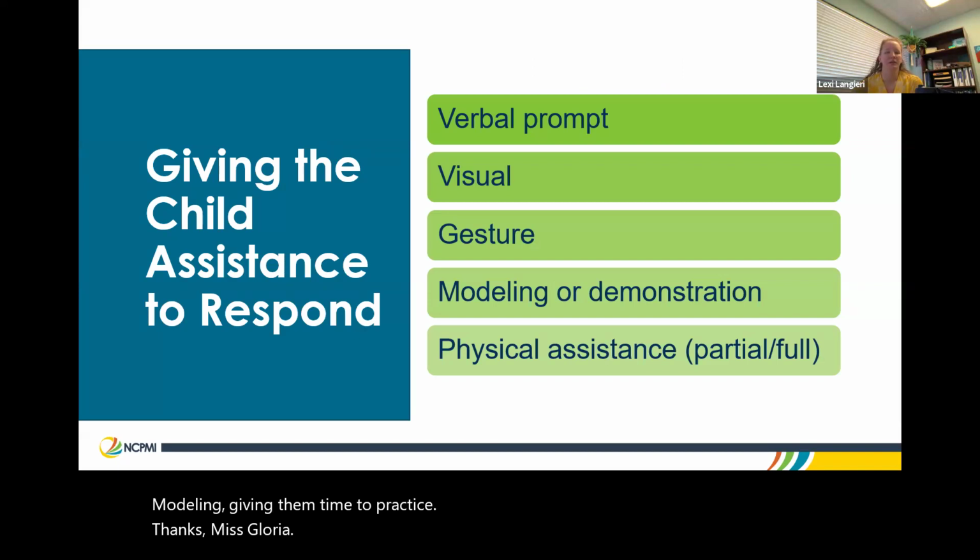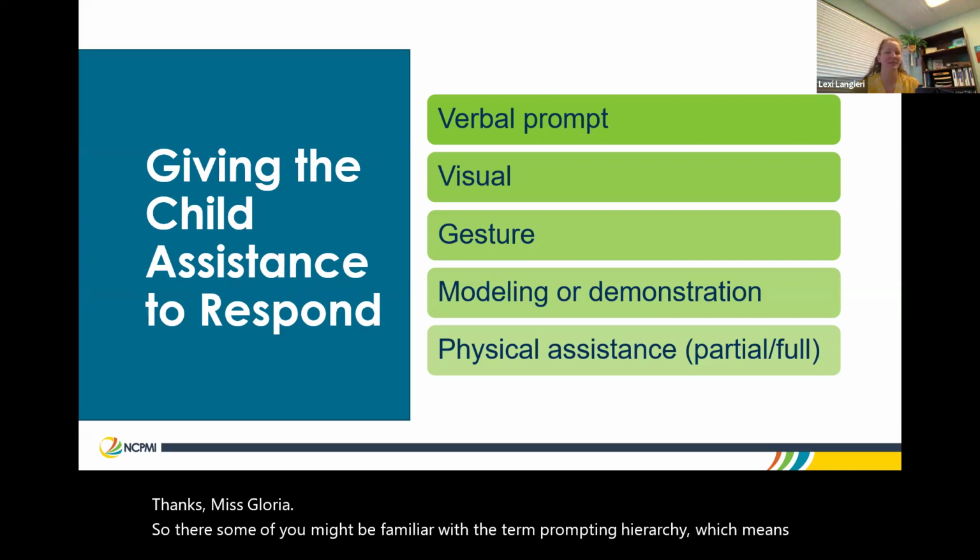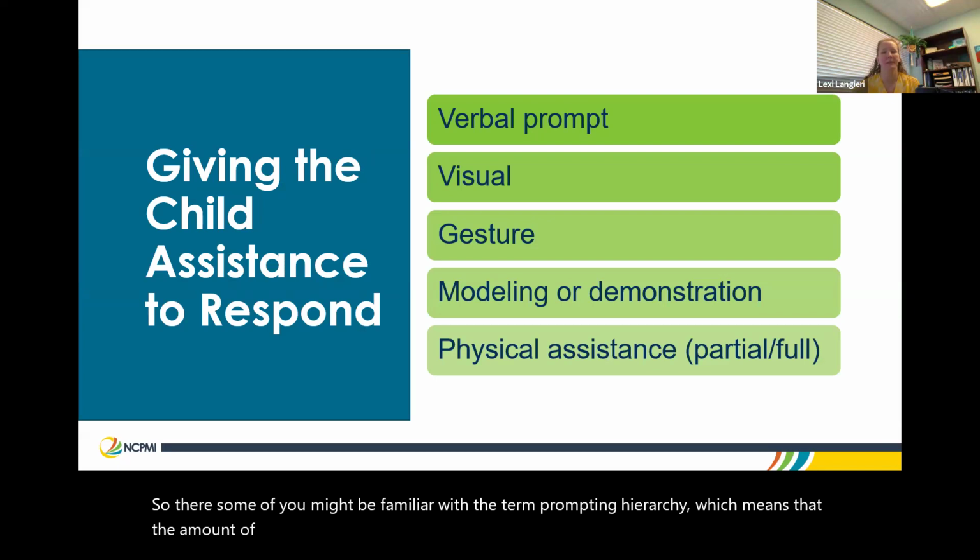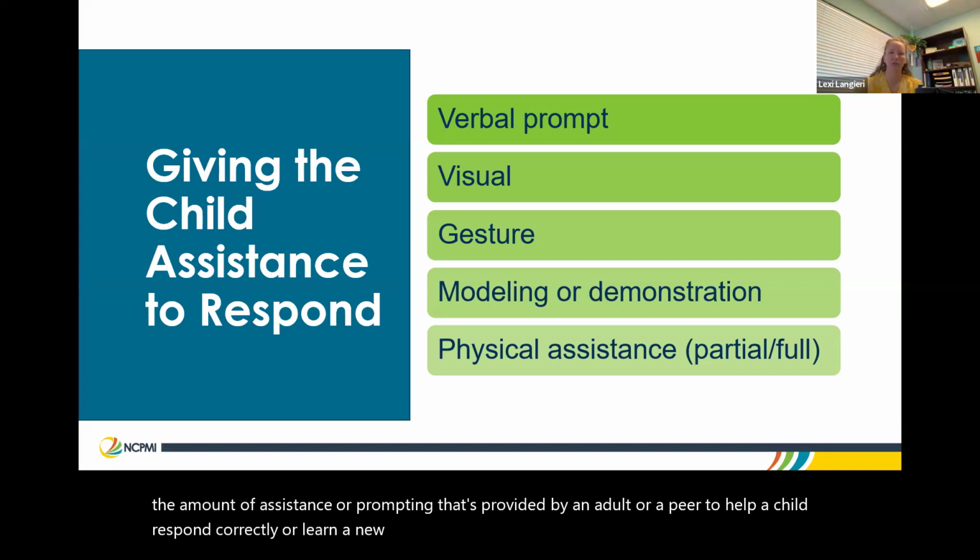So some of you might be familiar with the term prompting hierarchy, which means the amount of assistance or prompting that's provided by an adult or a peer to help a child respond correctly or learn a new skill. So these are some strategies.